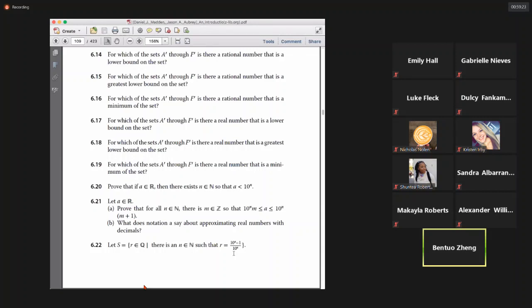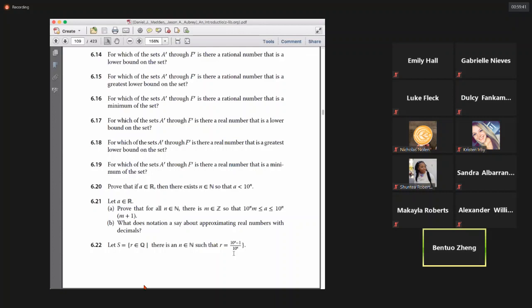Okay, so look at this set. What is this set of numbers? If you let n be equal to 1, this R would be 10 minus 1 over 10. So it's 9 over 10.